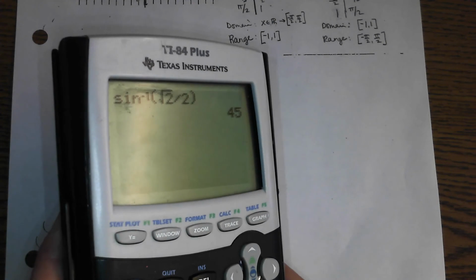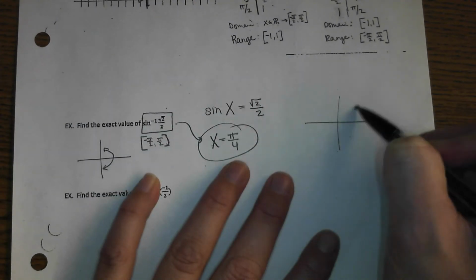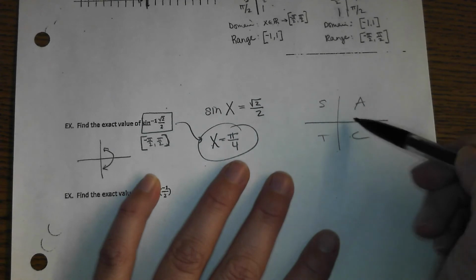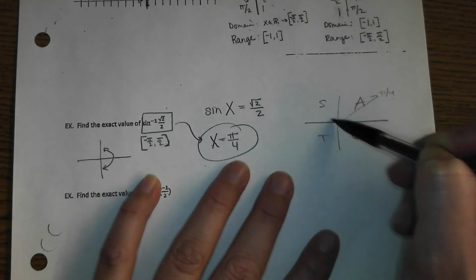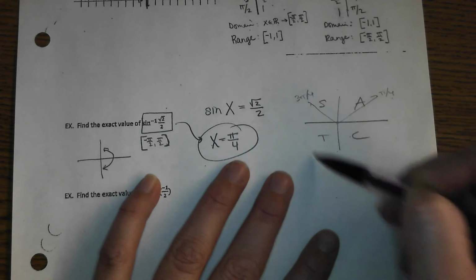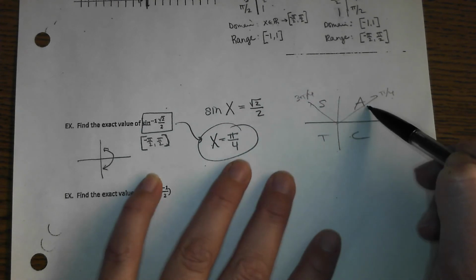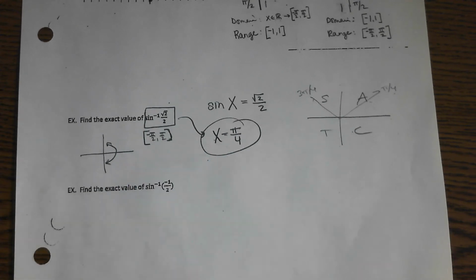Yes? Okay? Because in reality, there's a lot of angles. Pi over 4 has a sine of root 2 over 2. 3 pi over 4 has a sine of root 2 over 2. 9 pi over 4, and so on and so forth. Okay? You just have to know to take the one between quadrants 1 and 4.